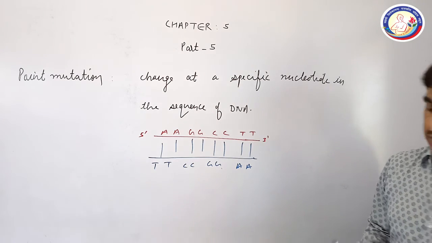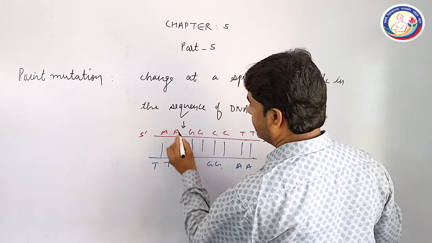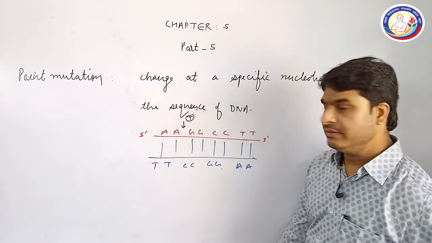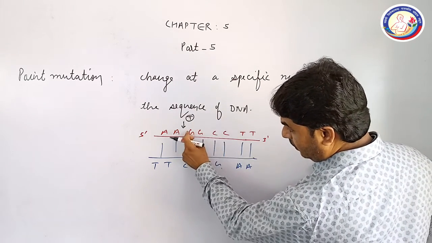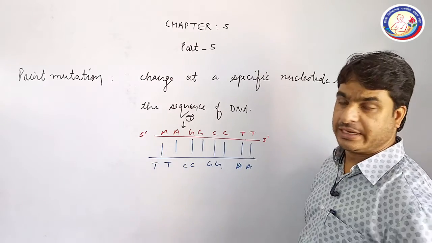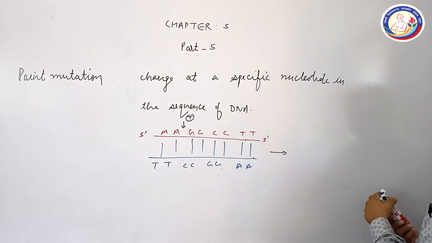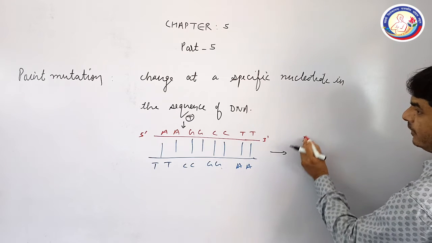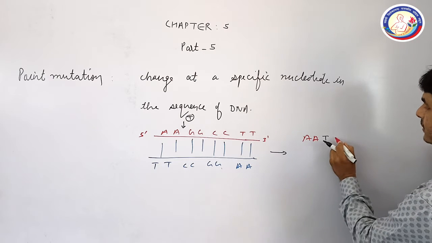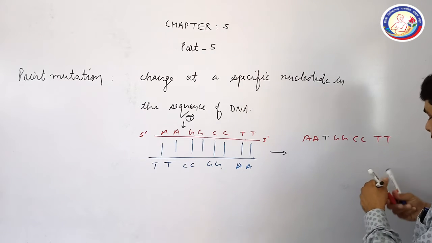Now, if you have inserted another nucleotide here, then what will you see? All these nucleotides will be shifted to the right-hand side, and it will show the new sequence, which will be like this: A T G G C C T T. Then what will you see?